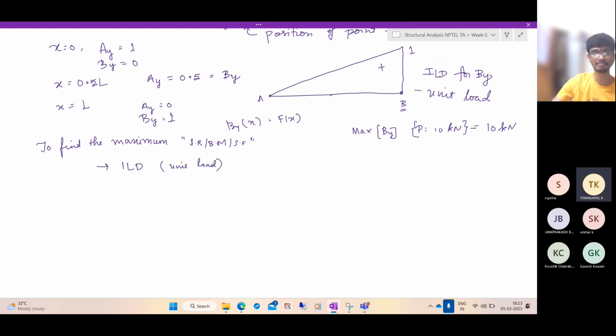And if you have a concentrated force of some other magnitude, what you should do? Multiply the value on the ILD by the force magnitude. Simple. So when we do the problems, it will become clearer.